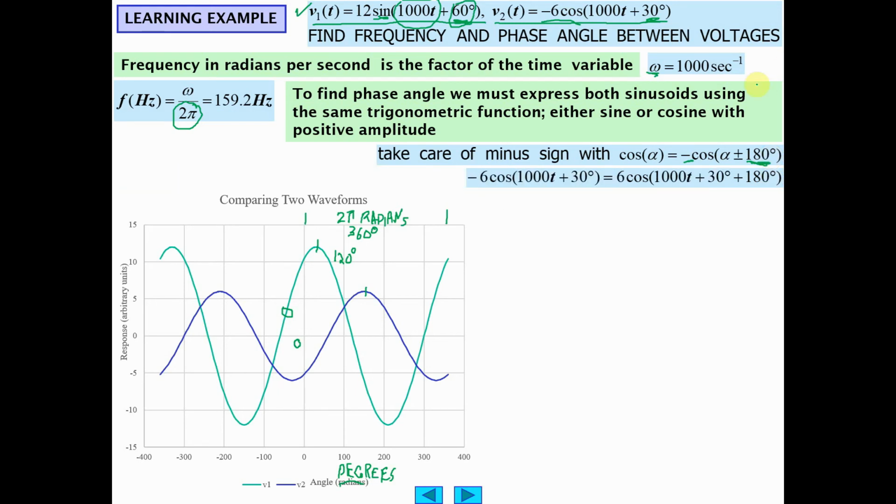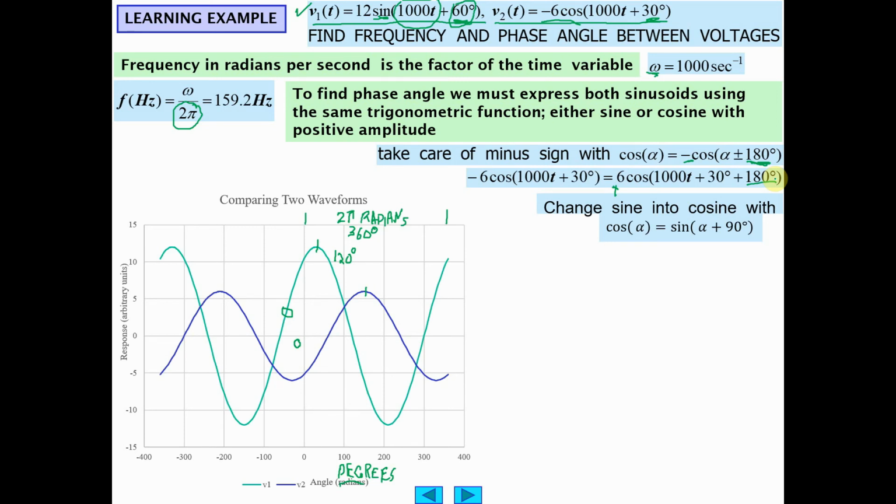So we convert the right-hand side of the equation. The only difference here is we've dropped the negative sign and we've added 180 degrees. We probably should have subtracted, but it doesn't matter. We'll move on.